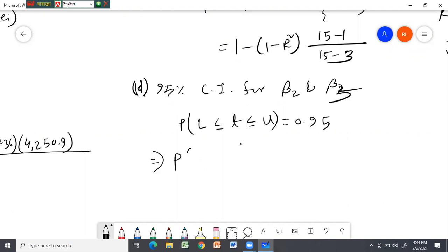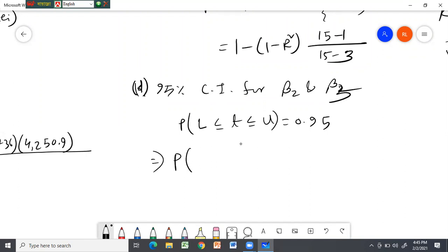And you know that as you are dealing with the total number of observation 15, your degrees of freedom will be 15 minus 3. That means 12. And on the 12, from the table of your t-table, from the t distribution table, for the degrees of freedom 12, your 95% confidence interval.